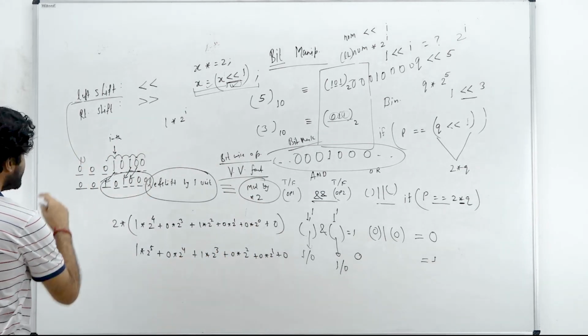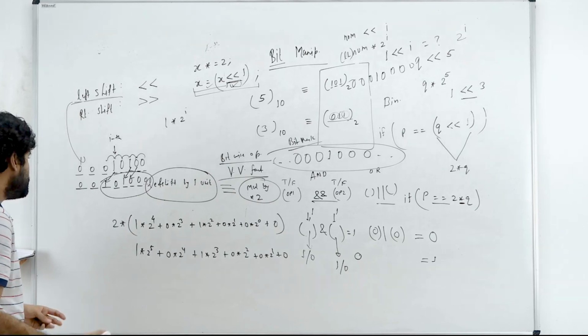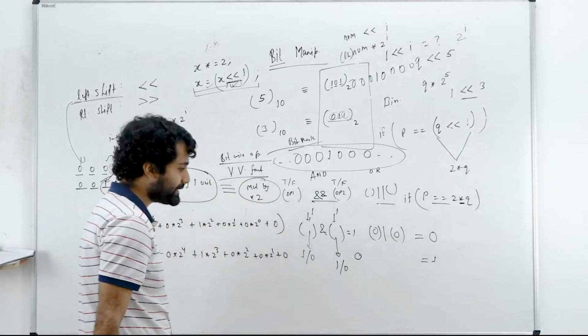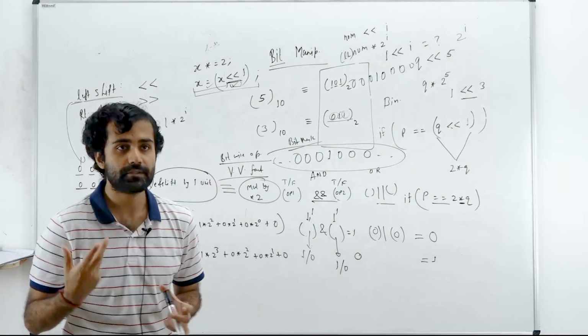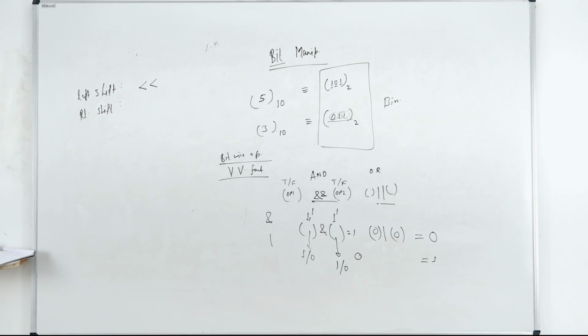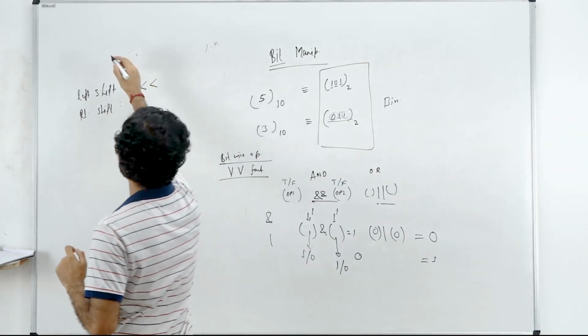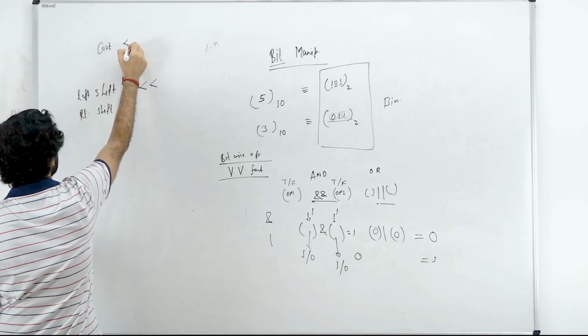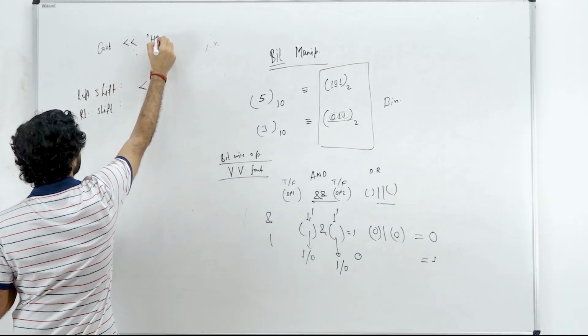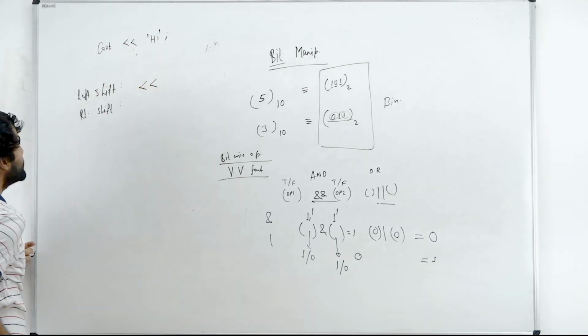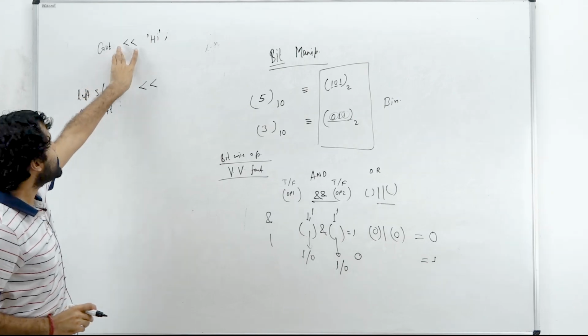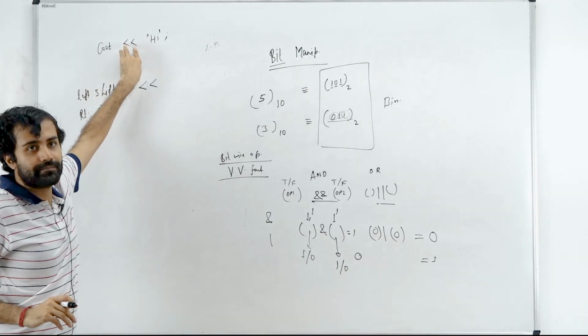Now come to the right shift operator. What according to you should the right shift operator do? What should be the equivalence of the right shift operator? Cout, right? Yes, this is used in cout. Those of you who use C++, when you cout something, you use it, right? So this is an overloaded operator actually.